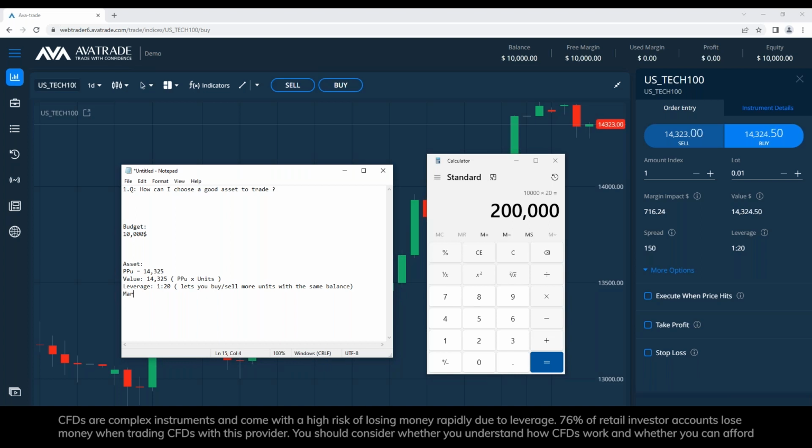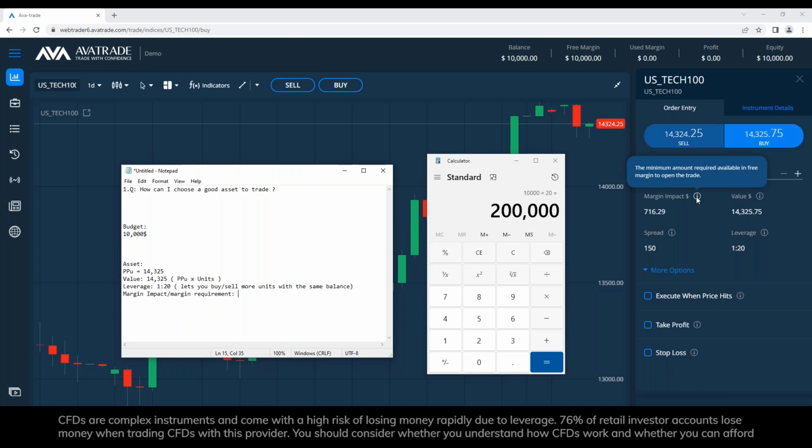Now, that is called margin. So margin impact or margin requirement, that means that I have to comply to 20% if I'll divide whatever the value is by 20.